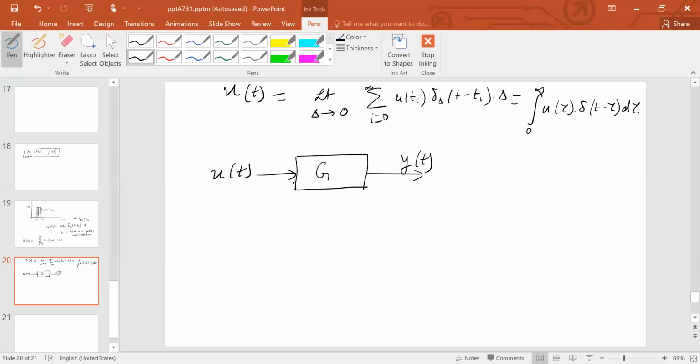All right. So having come this far, let's quickly write down the assumptions. G is linear, time invariant, and it is initially relaxed. We'll bring the causality later; let's leave it for now.